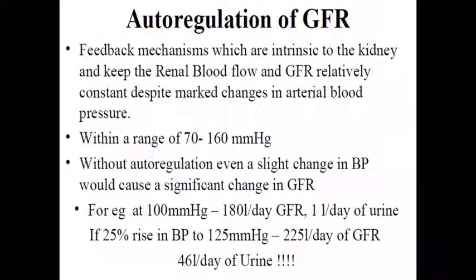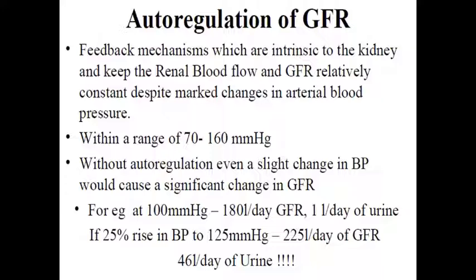The glomerular filtration rate will be maintained as long as the blood pressure is within 70 to 160 millimeters of mercury. This is a range in which the autoregulatory mechanisms are very effective. Anything beyond this, the autoregulatory mechanisms can't really maintain the glomerular filtration rate, and that will have an effect, whether to increase or to decrease it.